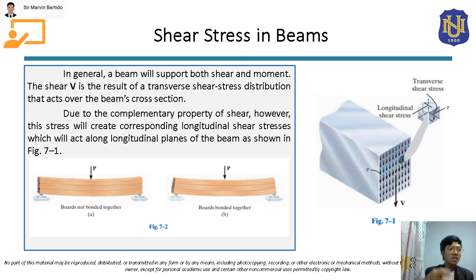Okay, so class, on the other hand, if the boards are banded together, as shown here, then the longitudinal shear stress acting between the boards will prevent their relative sliding and consequently the beam will act as a single unit. So as you can see here, since banded together, class, yung 3 boards natin dito, so magkakadikit na sila, class.